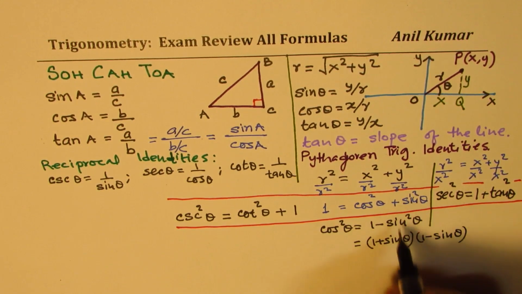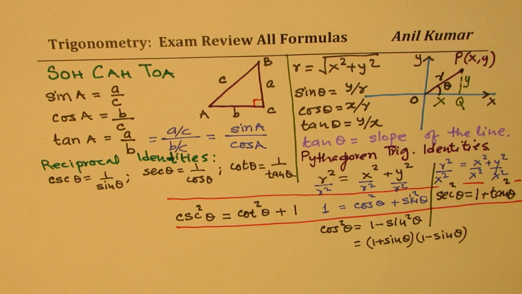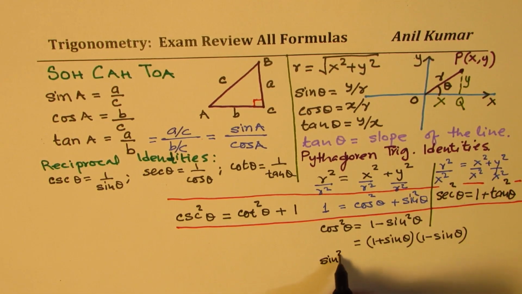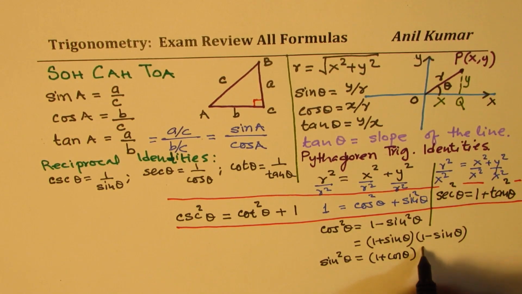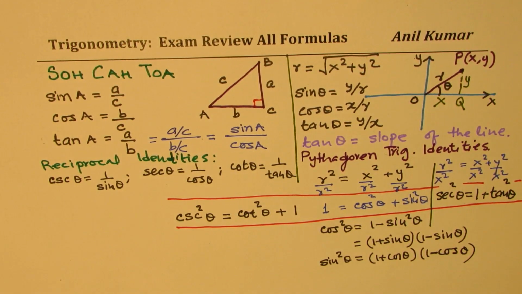Do you see that? So that is how we can work with these identities. Similarly, sine square theta could also be written as 1 plus cos theta times 1 minus cos theta. Do you see that part? Correct? So we could play with this and create many more identities.